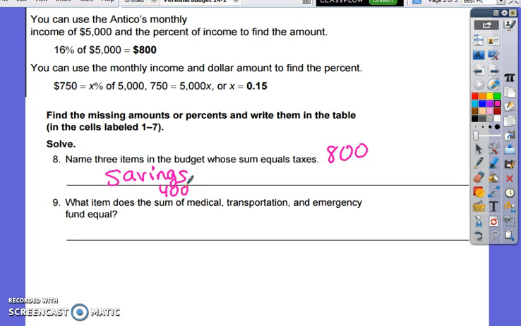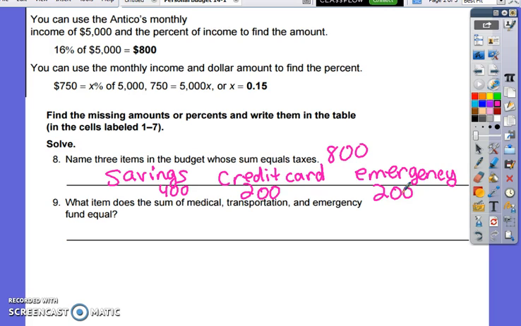And the credit card is $200. And the emergency fund is $200. So 400 plus 200 plus 200 would equal 800. So that is one answer. And you may find another answer that works. You just want to make sure that you list your items and put the dollar amount below, and make sure it adds up to $800.